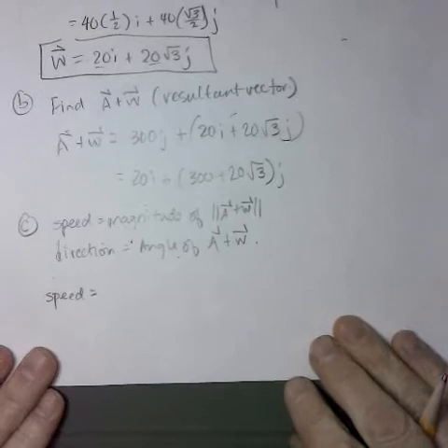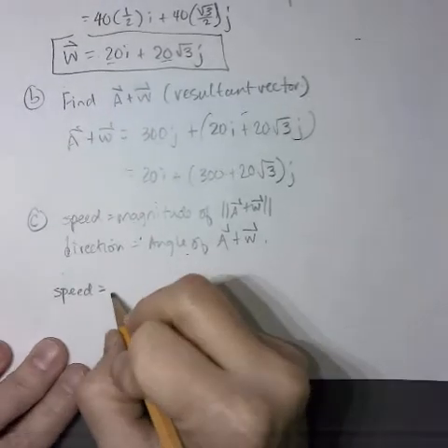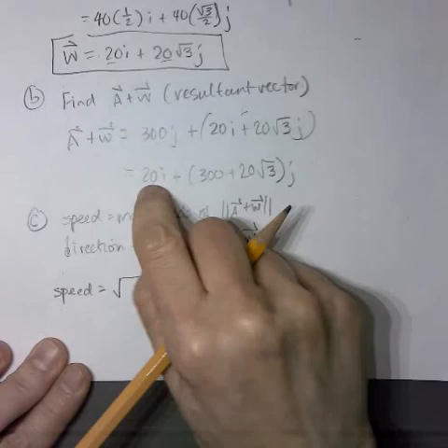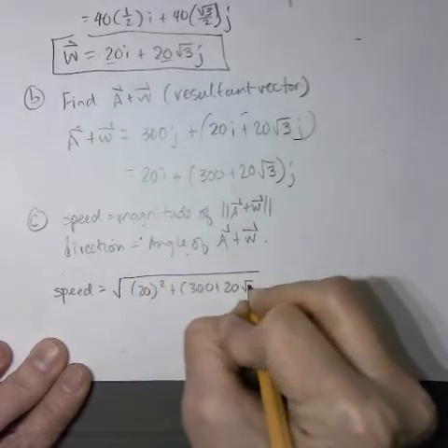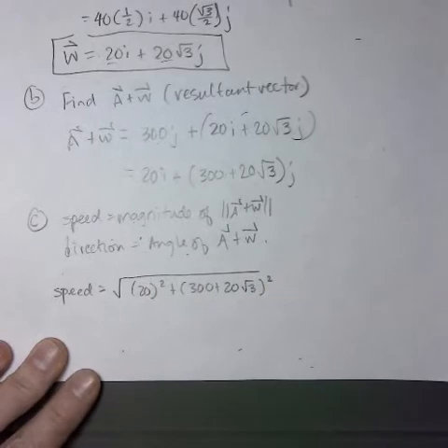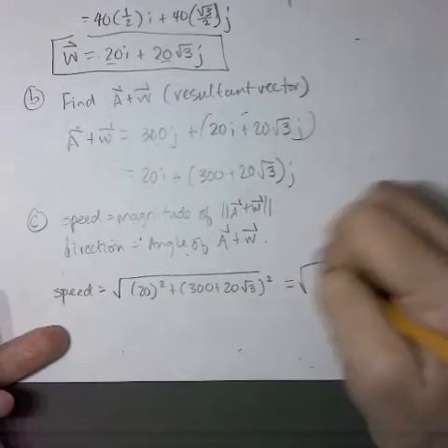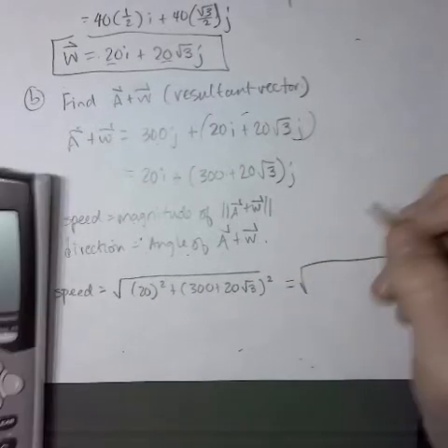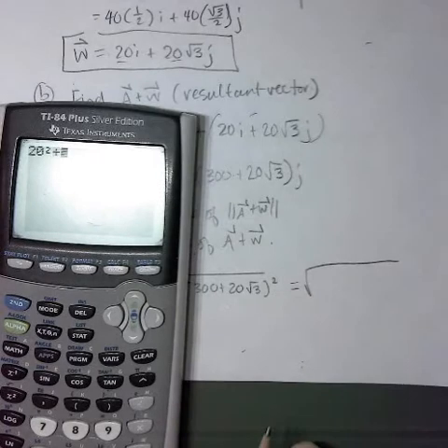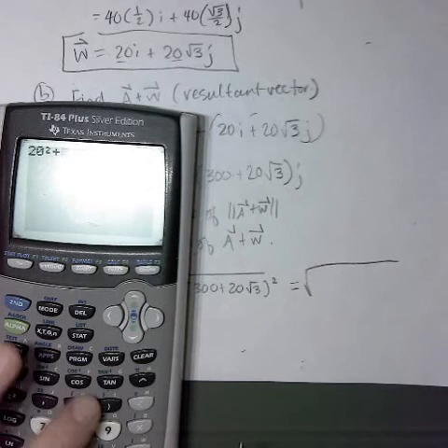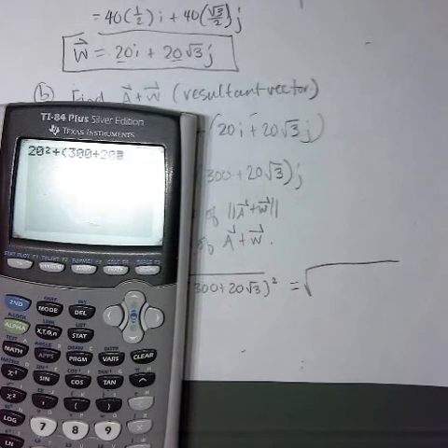So the speed is the square root of 20 squared plus 300 plus 20 radical 3 squared, which is, let's see, plug this in the calculator, so 20 squared plus 300 plus 20 radical 3 squared, and then square root of the answer.